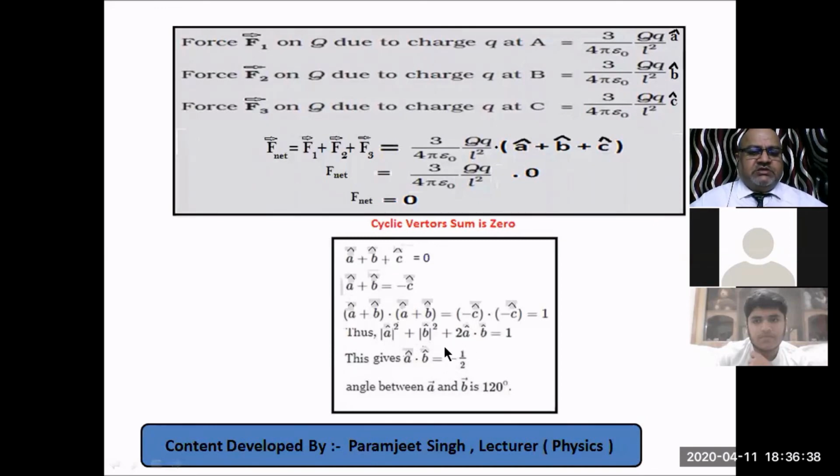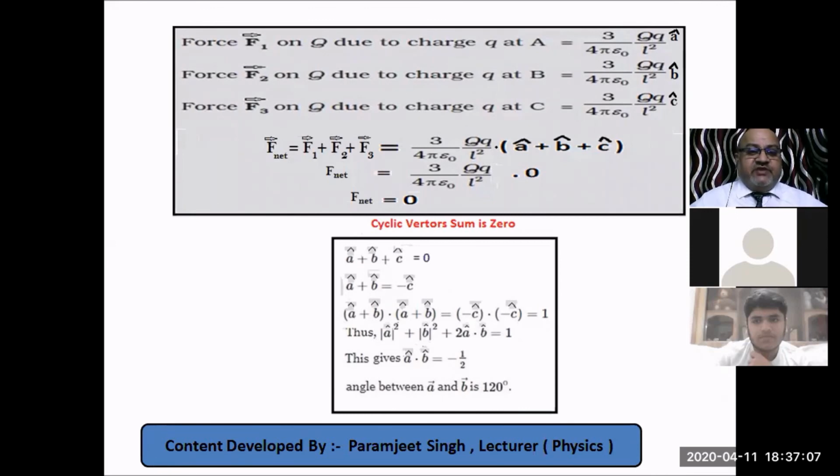It means the angle theta comes out to be 120 degrees because cos 120 is minus 1 by 2. So now think in reverse. If the angle between the vectors is 120 degrees, then A cap plus B cap plus C cap is 0. That's why we have substituted the value of this bracket as 0, because these vectors are cyclic vectors.